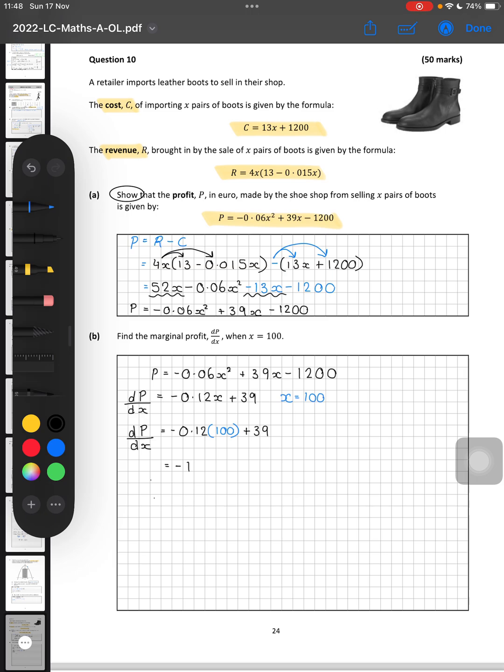So that's minus 1.2 plus 39, which is, sorry, I just multiplied that wrong. I should have said that that was minus 12. So I multiplied by 10 instead of by 100. So when I do that out now, I can just minus the 12 from the 39 to get 27 as my answer. So 27 is the answer.